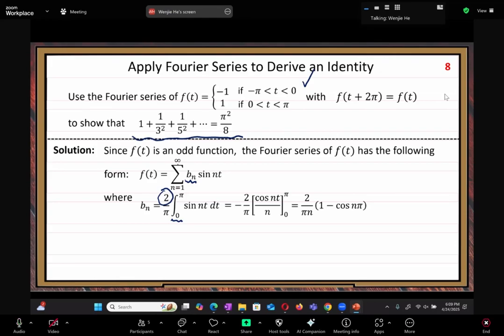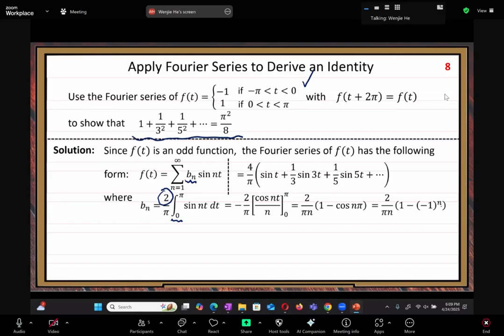After that, you need to write the coefficients explicitly, for n even and n odd.